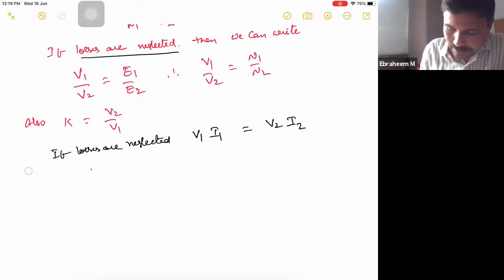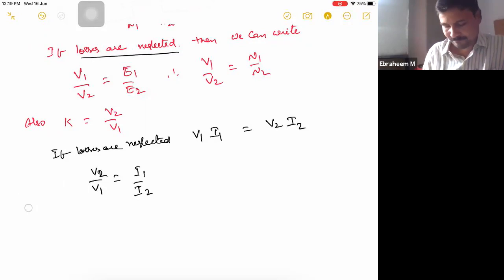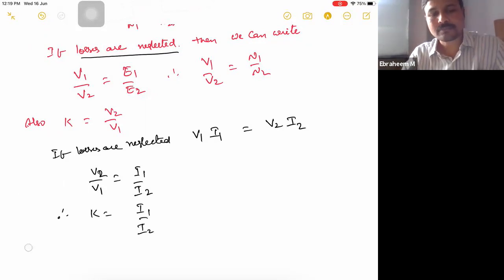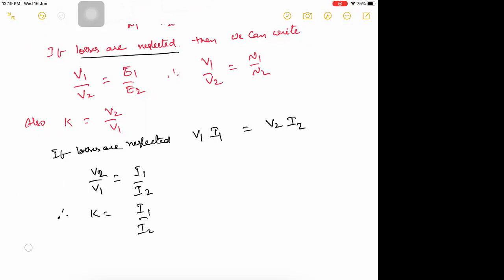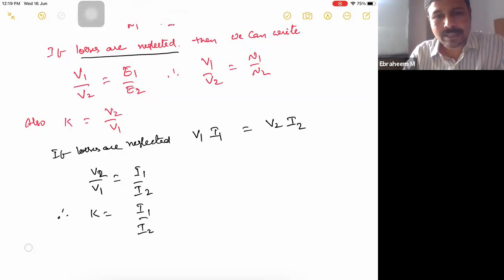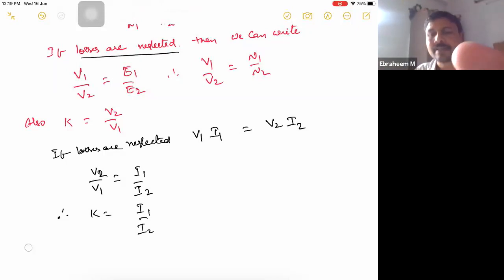Therefore, V2 by V1 is equal to I1 by I2. So K is equal to I1 by I2. Is it clear? Yes. So you can keep these in mind. Many times we will be using this K everywhere. Transformer means K, the transformation ratio.